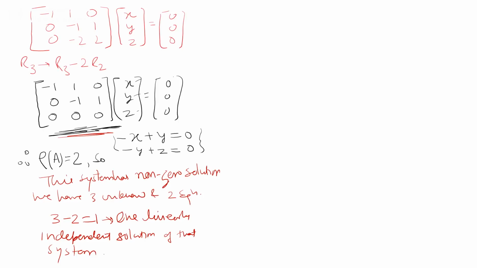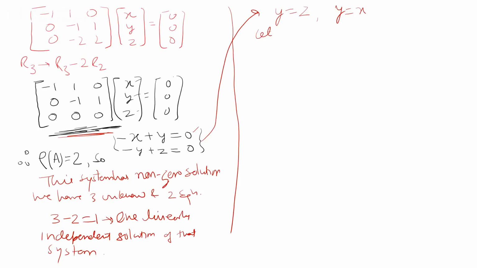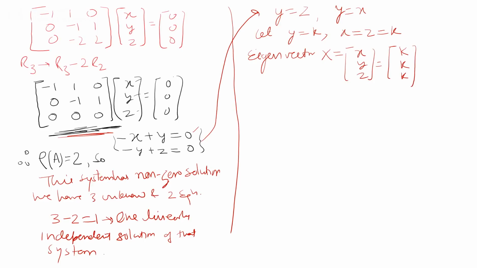And what is that solution? When we solve these equations, we can say y is equal to z, and from the first equation y is equal to x. If we let y is equal to k, then x and z are also k. So the eigenvector x, y, z is k, k, k. And if we take k as common, we can write 1, 1, 1.